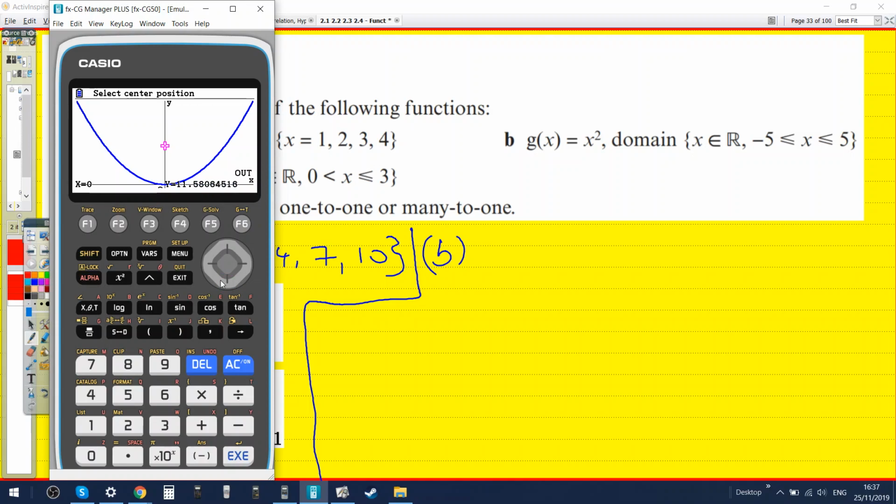Is it using the less than and equal to signs? And what would you say for the range? So it'll be 1 is less than or equal to y which is less than or equal to 25.